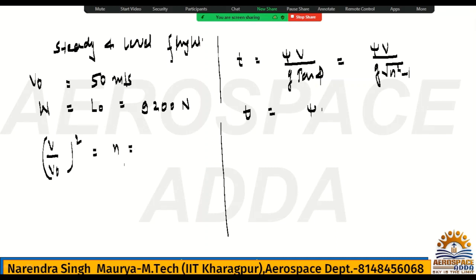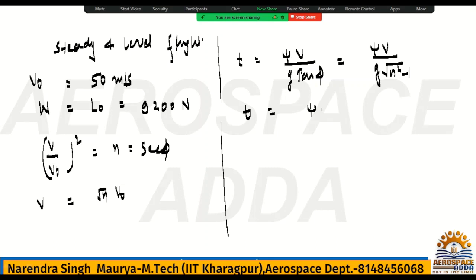N. Yes, or it is nothing but sec phi. So what is v? V is nothing but, if you check this value, it will be root of n into v naught. You can write this.